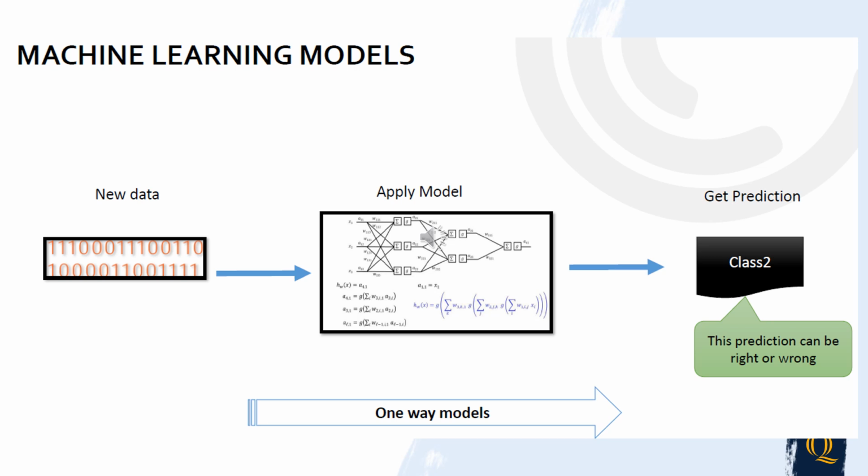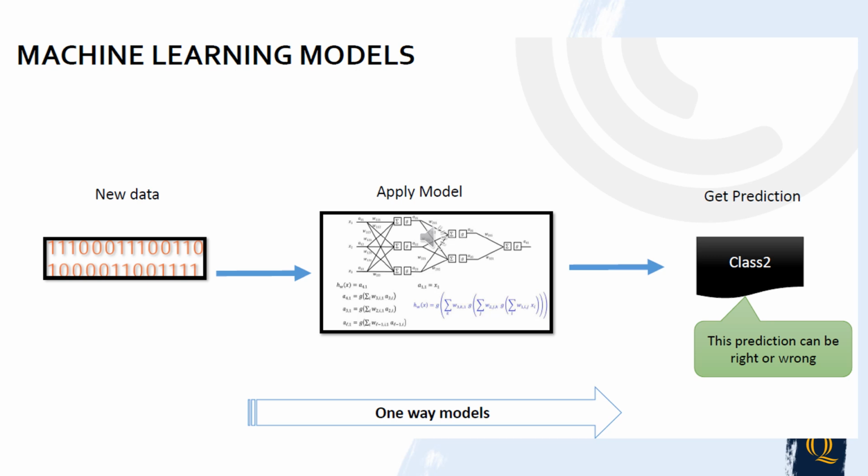In this example that you have right here in this slide, the model predicts that the data belongs to class 2. This prediction could be correct or incorrect, depending on how well the model has generalized from its training.